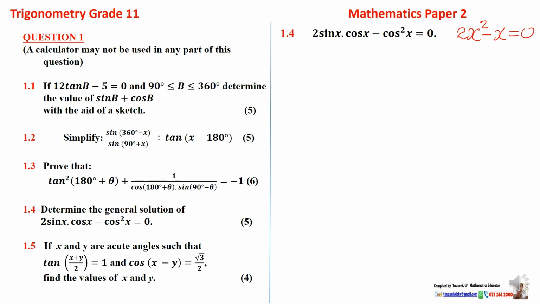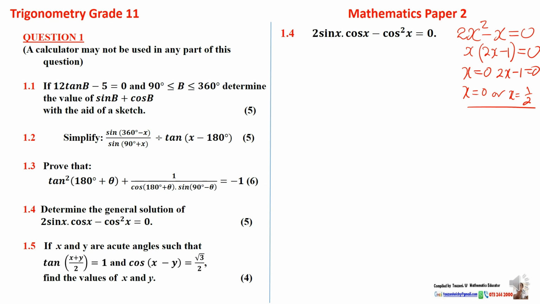There is a common factor x here, which we can factor out to get x factor of 2x minus 1 is equal to 0. Then after that, we equate each factor to 0 to get two solutions. So x is equal to 0 or x is equal to 1 over 2. So we can use factorization because there are only two terms.